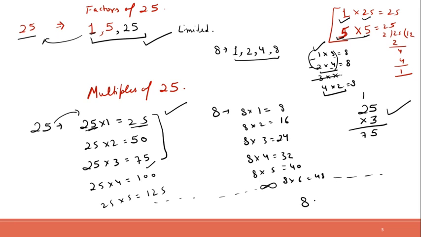That means if I multiply 8 with a huge number like 921867921, no matter how big the number is, the outcome will always be a multiple of 8. Why? Because we are multiplying it with 8. So now I think you got the concept. If I multiply any number with 8, I'll get a multiple of 8. Got it? Now I hope I made my point clear.